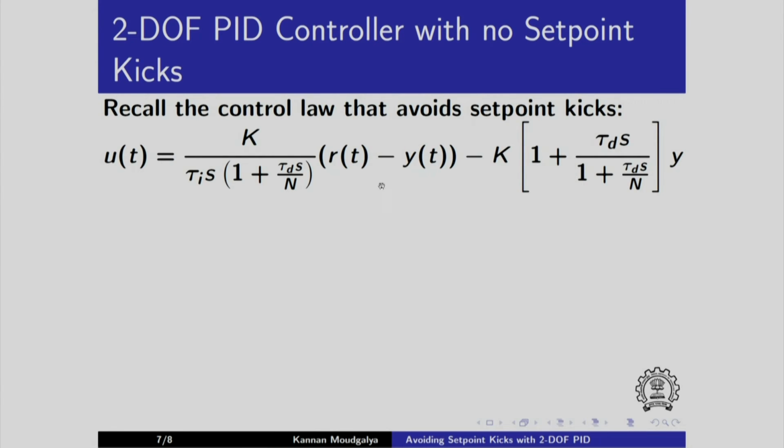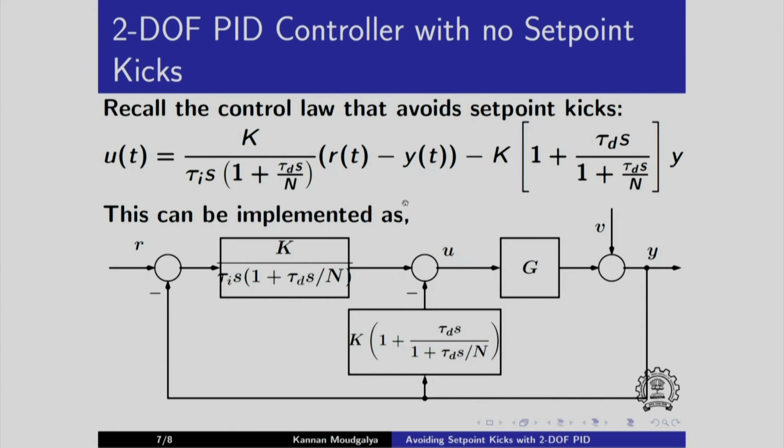So let us start with that expression that we had a couple of slides ago, and this can be implemented as the following. Here is the schematic of this. Notice that the second term that involves only y is implemented through the feedback term. Y comes here, it goes through the proportional and derivative mode, and you have a minus sign here, that minus sign.